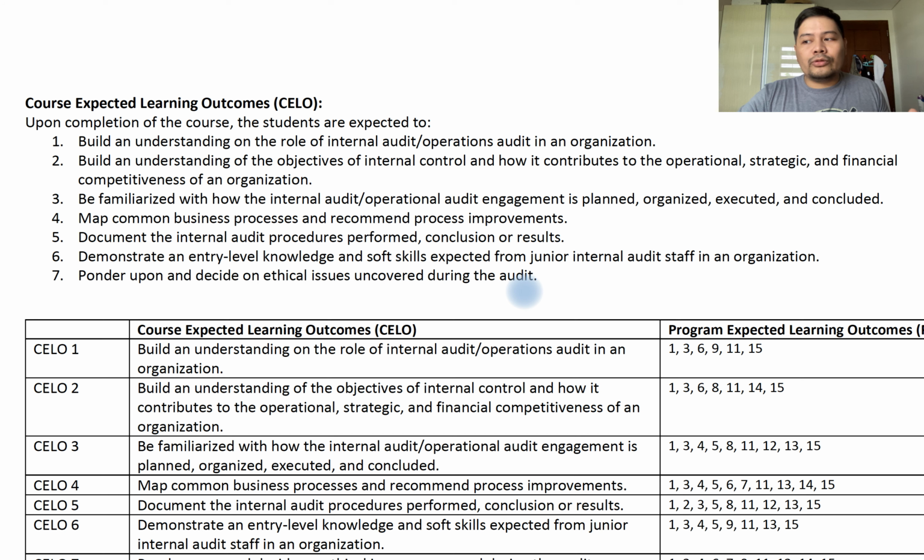And when you do some investigation, you found out that there is a theft, so in that case there is an ethical issue. So you should have a finding and recommendation on how the company can resolve that ethical issue.